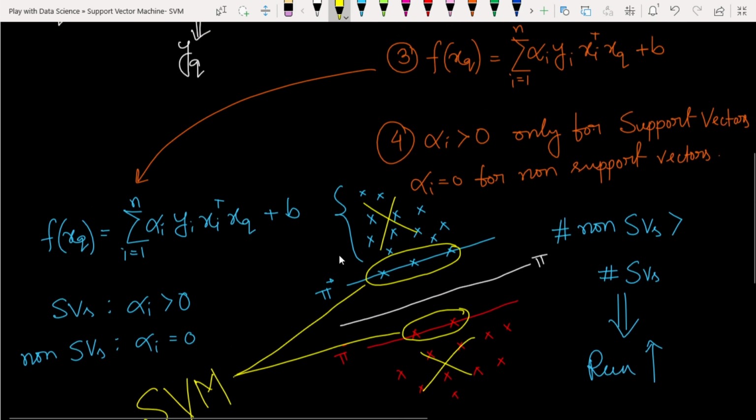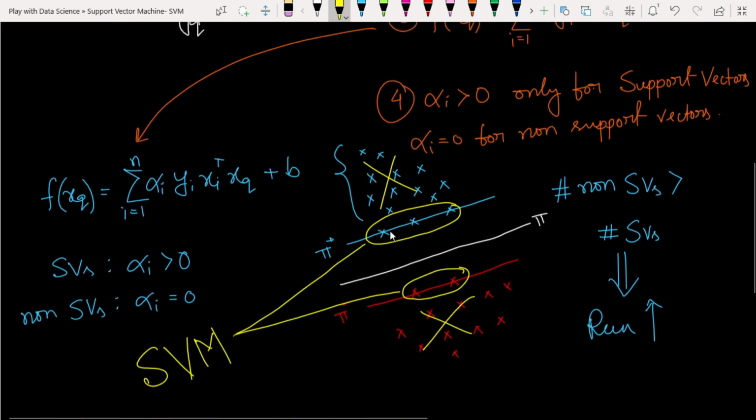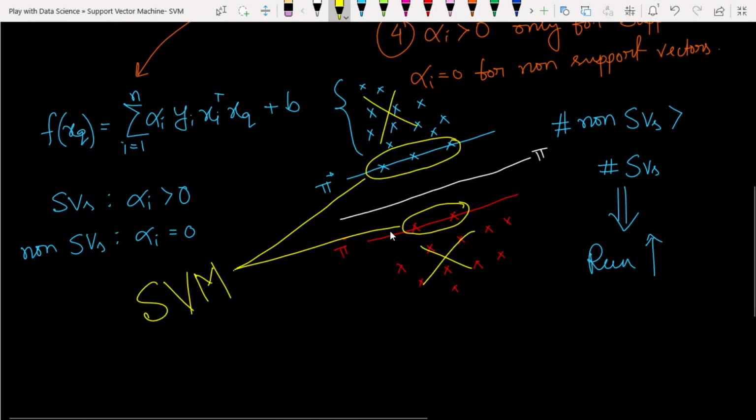For this reason this dual problem is very important, and for a huge data set we can easily build a low latency model. In the real world our support vectors are very few, but our non-support vectors are very many, and we simply ignore the non-support vectors in our calculations.